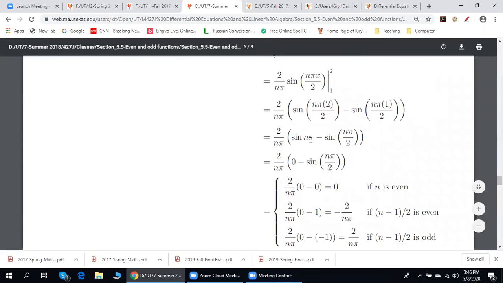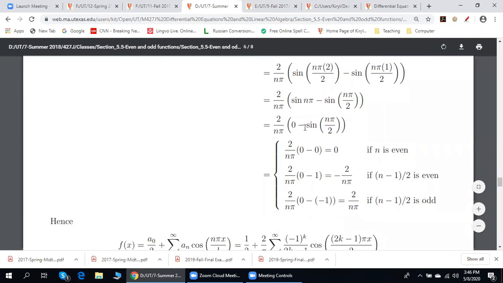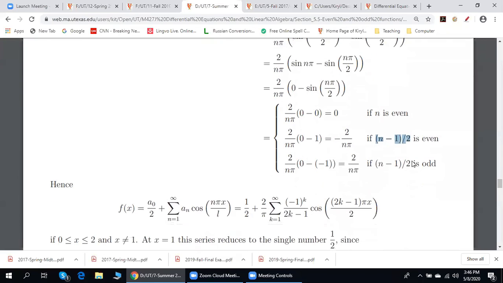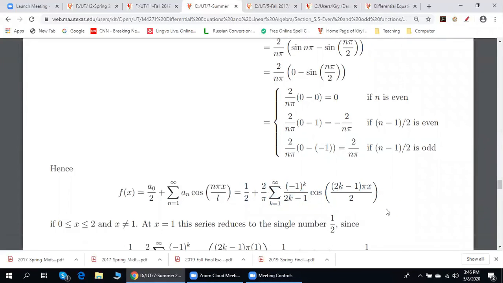Observe that sine of integer multiple of pi is 0. Talking about this portion, one can check that sine of n pi over 2 is 0 if n is even, and then plus minus 1 depending on parity of this number. We plug in these expressions into the original formula, done.